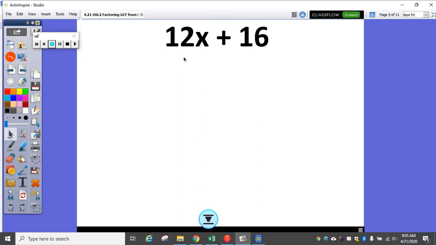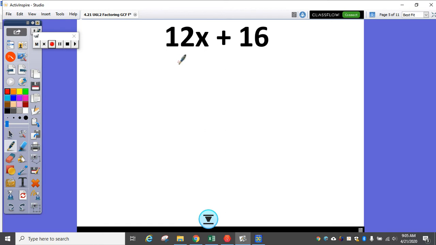All right, so let's look at an example here. What do these have in common? Let's look at what 12x has in common. Let's make this a little bit easier.